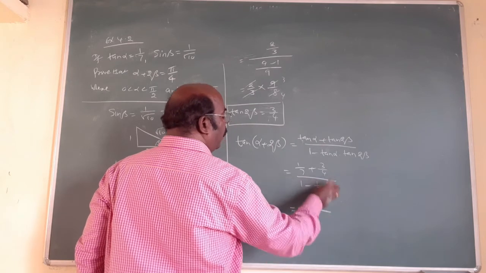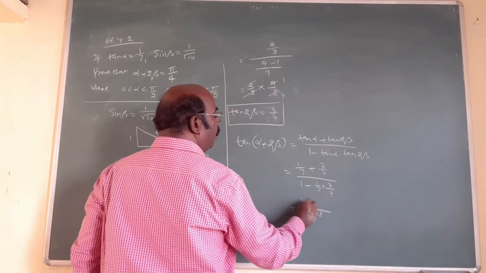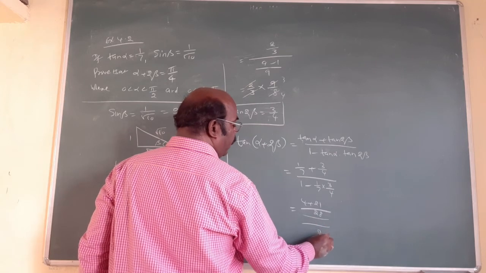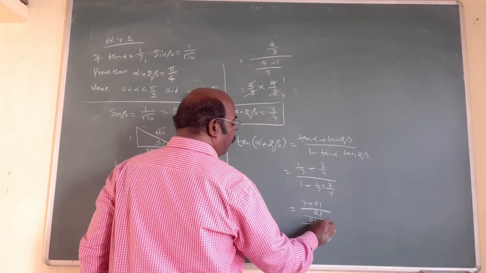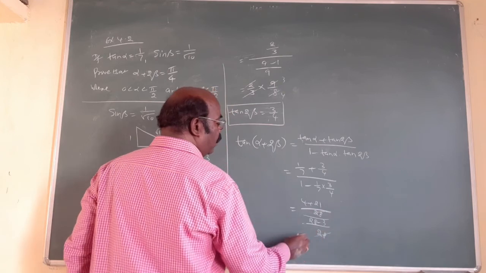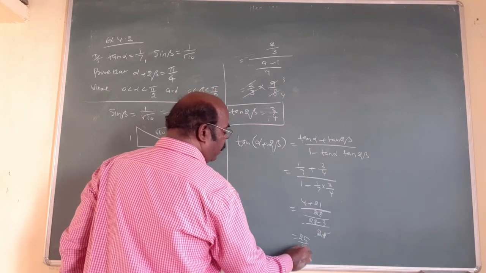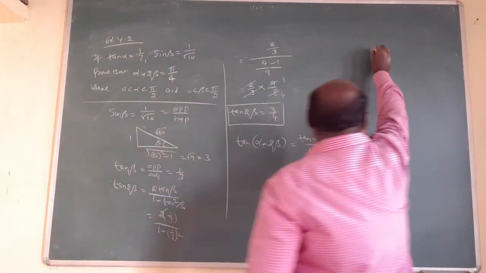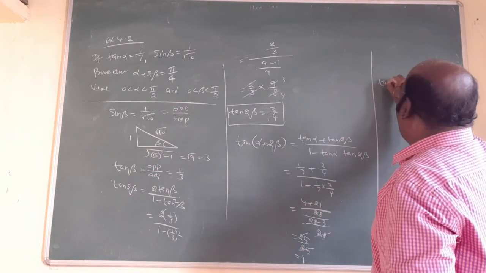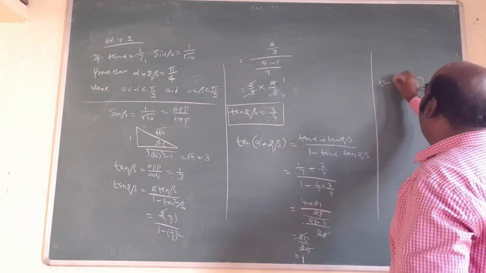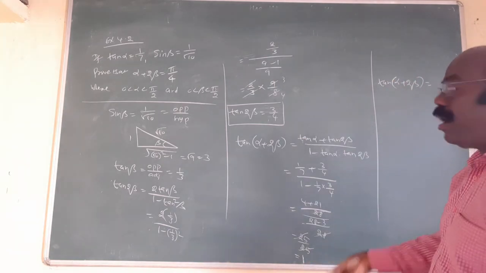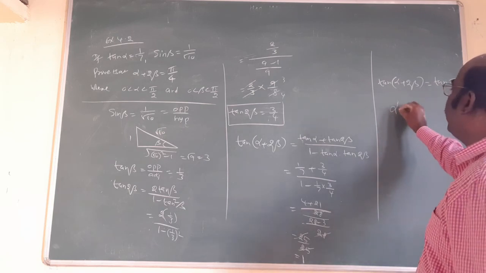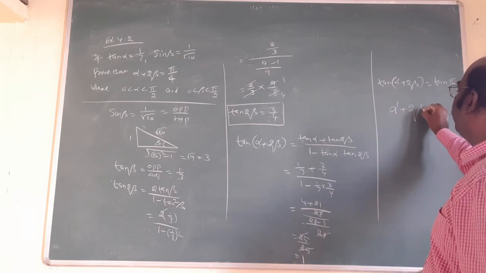Now taking LCM 28, cross multiply: 4 plus 21 over 28 minus 3. So 25 by 25 equals 1. Am I right? Left hand side is tan of alpha plus 2 beta, right hand side is 1, so 1 can be tan of pi by 4. The tan cancels. This is the answer.